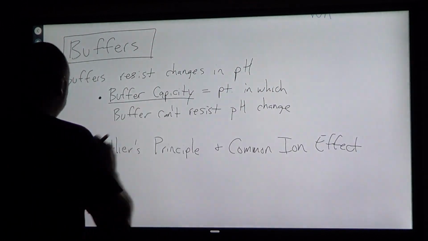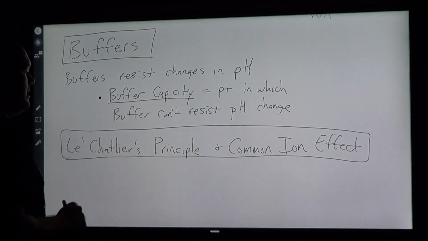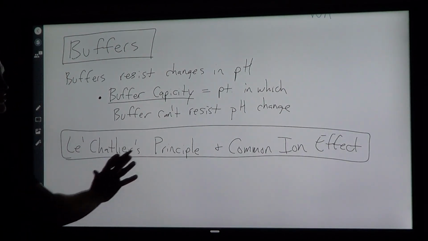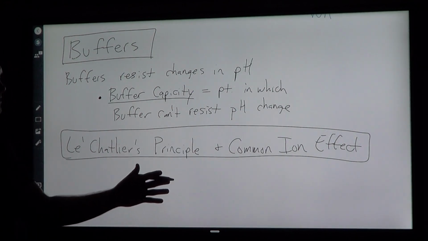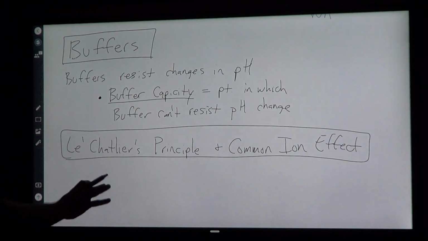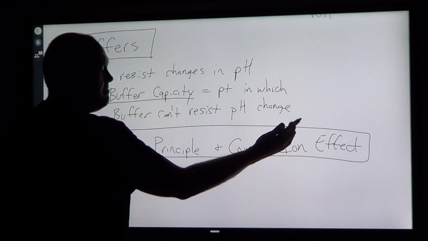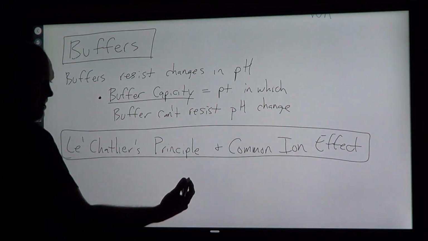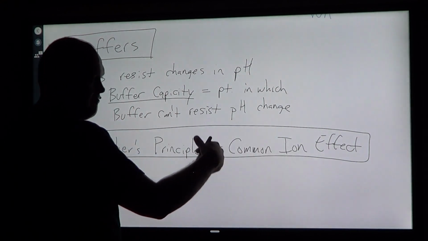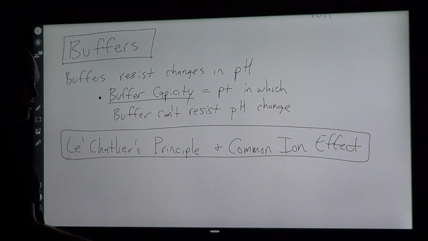So what happens is, if you remember what those are, okay, Le Chatelier's principle says that if you have a system at equilibrium, if you disturb that equilibrium at all, the chemicals are going to push one way or the other to try to relieve the stress. And the common ion effect is pretty much the same thing. If you add a common ion with another chemical, if one of them goes up, the other one must go down to relieve the stress.